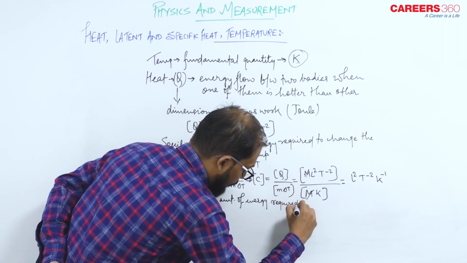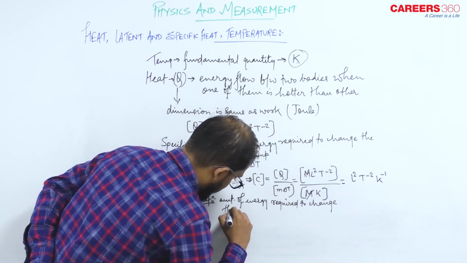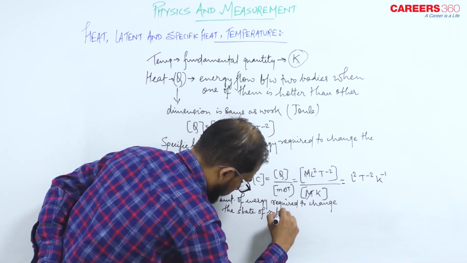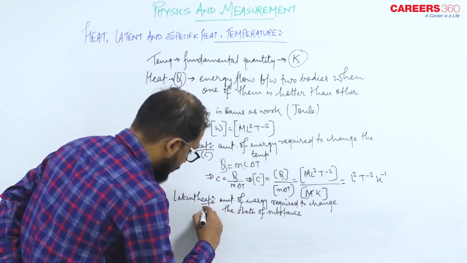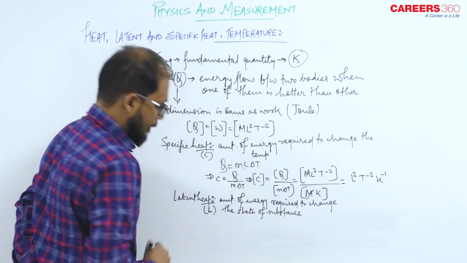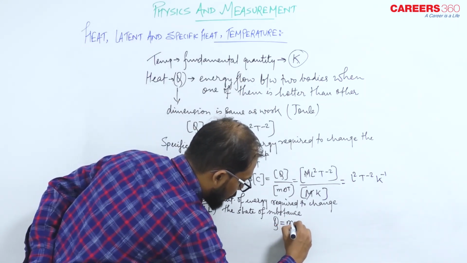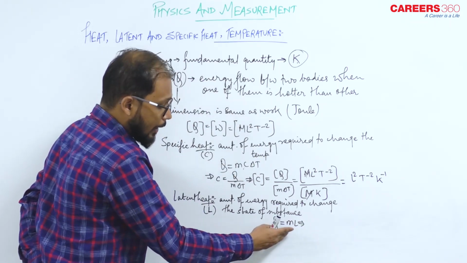Latent heat is denoted by L, and it is given by the formula Q = m L, where Q is the amount of heat, L is the latent heat, and m is the mass.